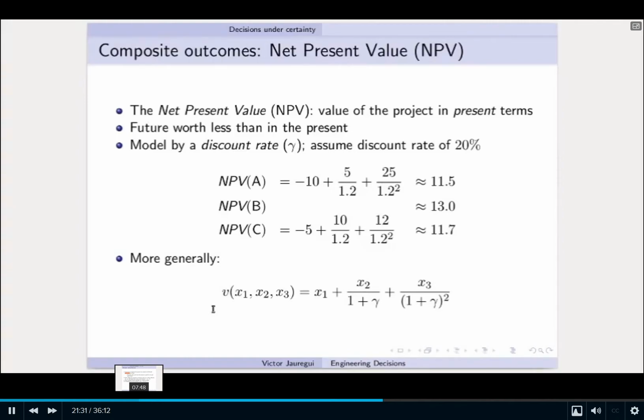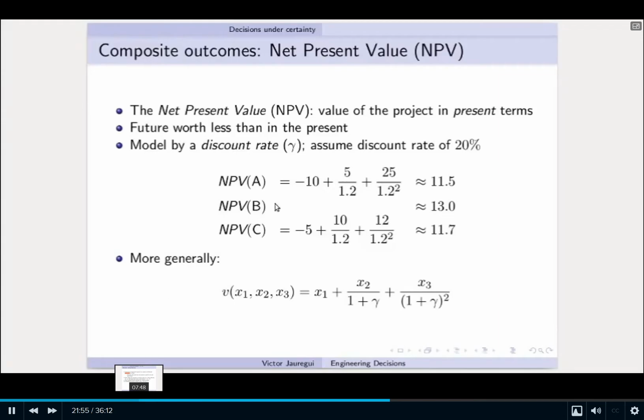One of the ways to take into account the value of cash flows across multiple years is what's called the net present value, which is to evaluate cash flows at different times in terms of their values now.